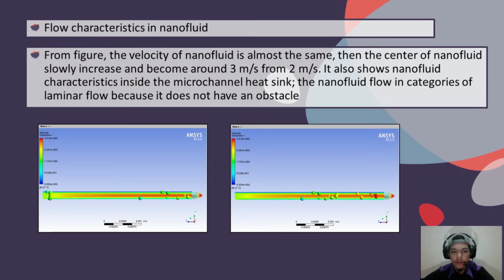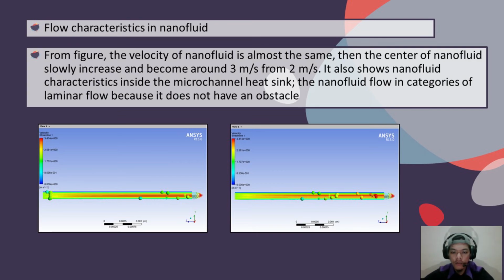From the figure, the velocity of nanofluid is almost the same, and at the center it slowly increases to around 3 meter per second from 2 meter per second. It also shows nanofluid characteristic inside the microchannel heat sink. The nanofluid flow is categorized as laminar flow because it doesn't have obstacles.